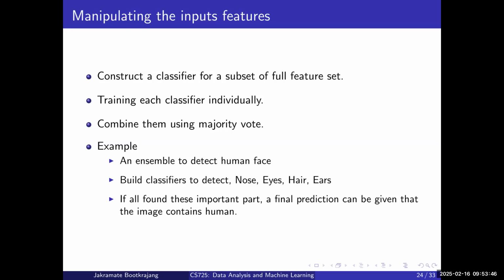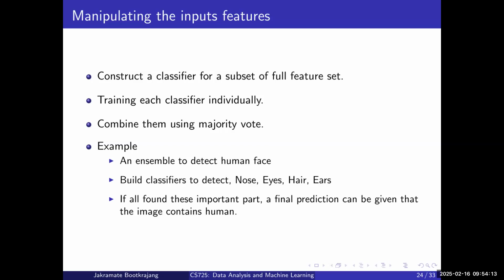What about input features? In the most simple way of manipulating input features, we pick a subset of features, and then we train each classifier individually, and then we can combine them through the majority vote. An example would be if you want to detect a human face.